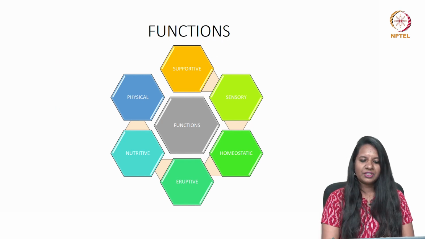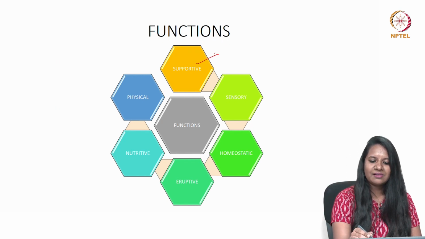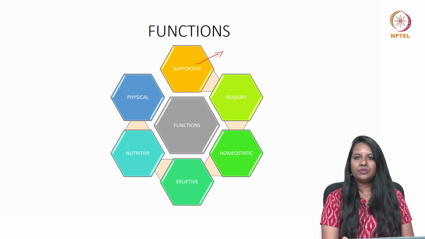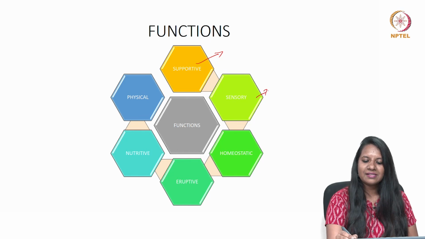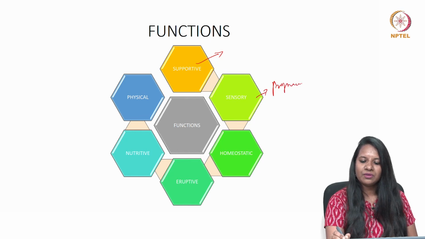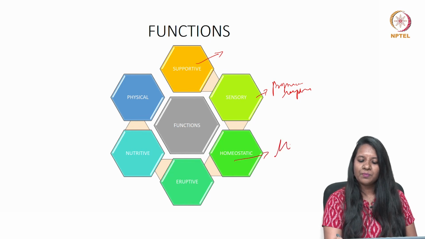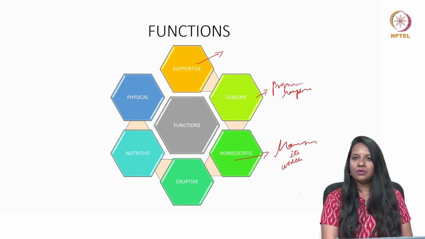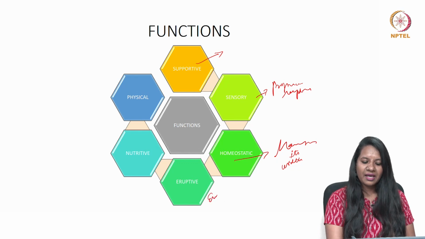So, moving to the functions: it is supportive, that is, it supports the entire tooth inside the alveolar bone socket, and it is sensory, as it has proprioceptive receptors. It is homeostatic, that is, it maintains its width throughout, and there is no formation of hard tissue, though it is squeezed in between two hard tissues, and it helps in the eruption of the tooth.